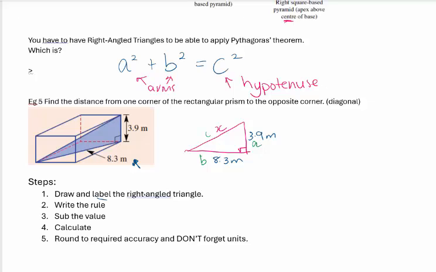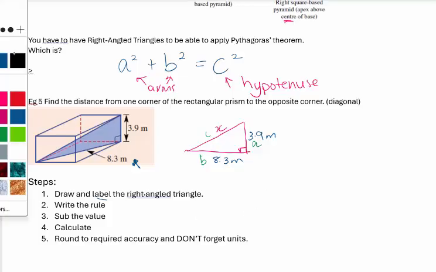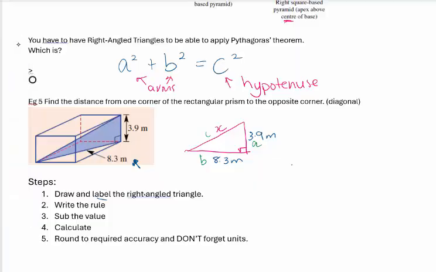My next step is to write the rule. So now I'm going to write the rule. Don't even have to think about it. A squared plus B squared equals C squared. The next step is to sub the values. Sub means just swap them out.